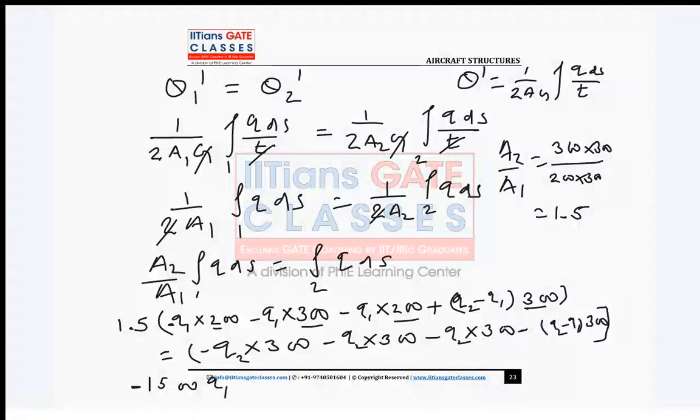Then 300, so I will get plus 450 Q2 from this, and this side I get minus 300, 900 and 1200, so minus 1200 Q2.